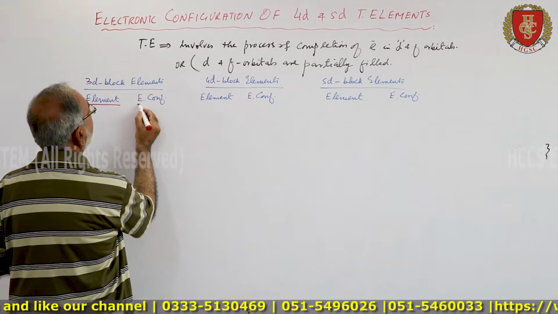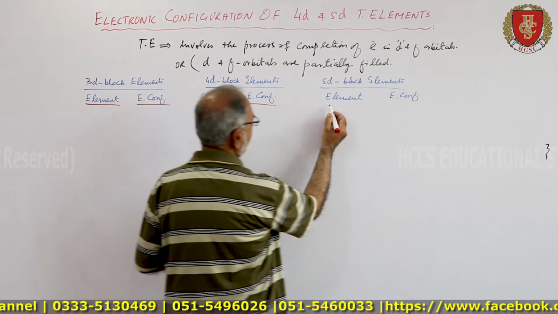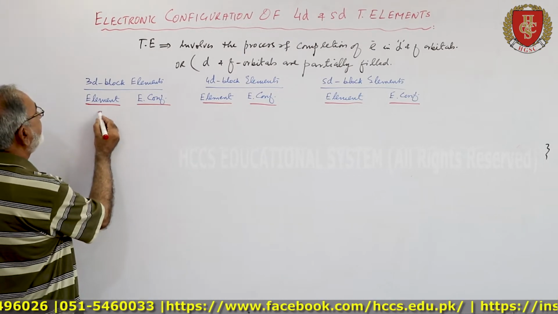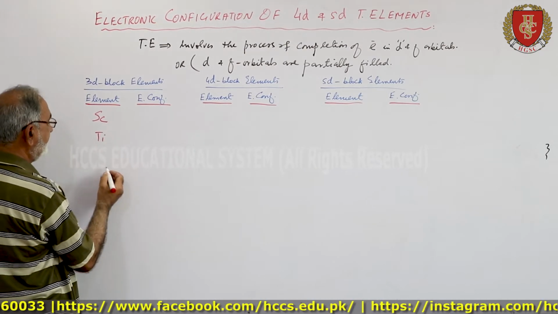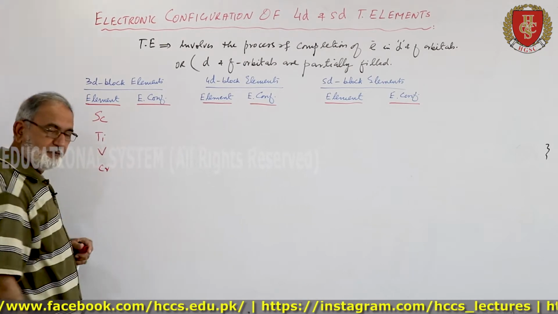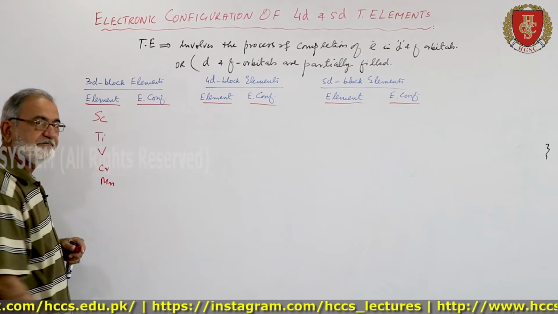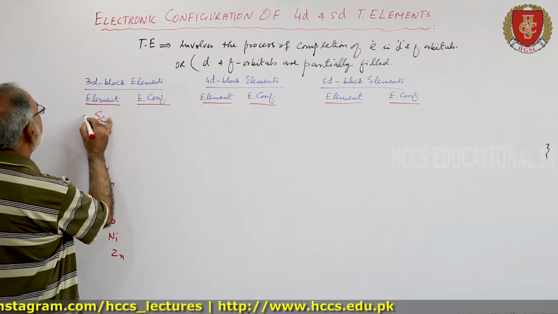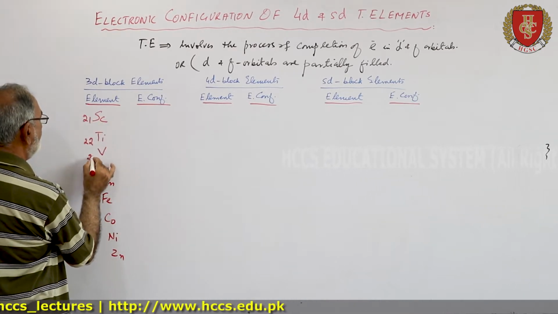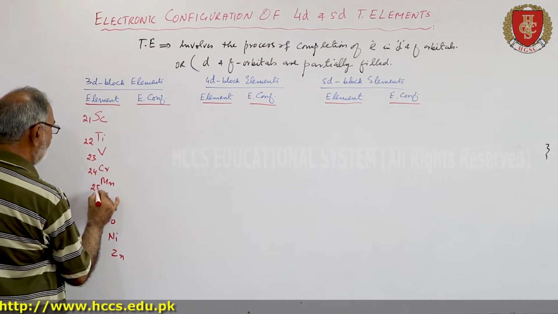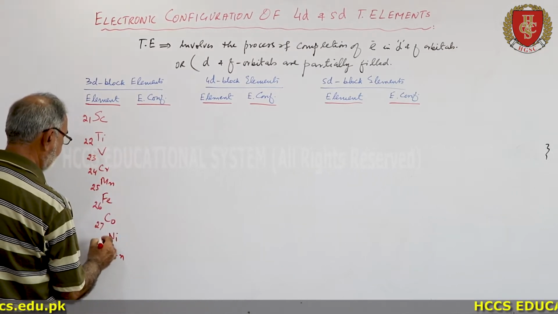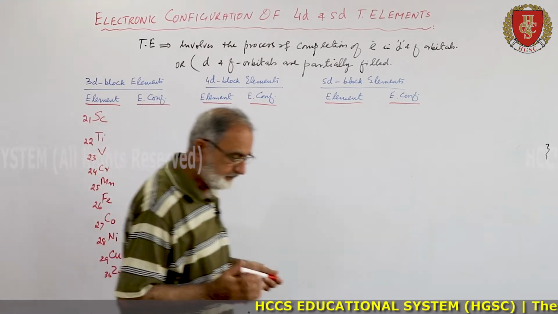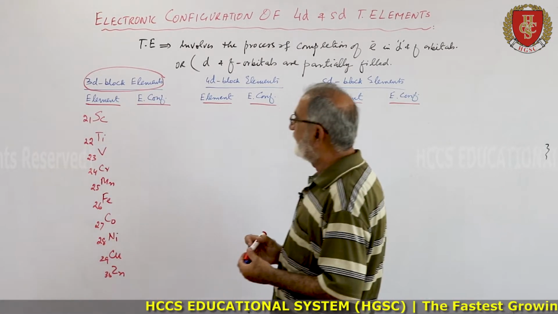Now here the electronic configuration, we can divide these in columns. Now the 3d: scandium, titanium, vanadium, chromium, manganese, iron, cobalt, nickel, and finally zinc, that is 21, 22, 23, 24, 25, 26, 27, 28, 29, and 30. Now these are the 3d block elements.